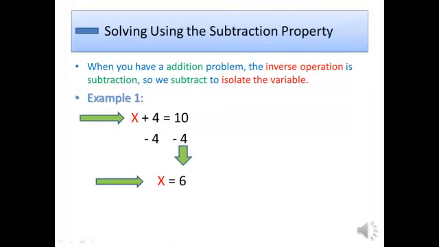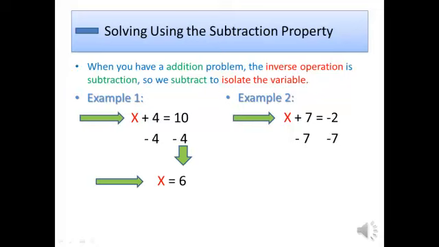x equals 6. Okay, let's look at another example. Example number 2. x plus 7 equals negative 2. Again, here we have an addition problem. The opposite of addition is subtraction, so we are going to subtract to isolate our variable. Our variable is x.